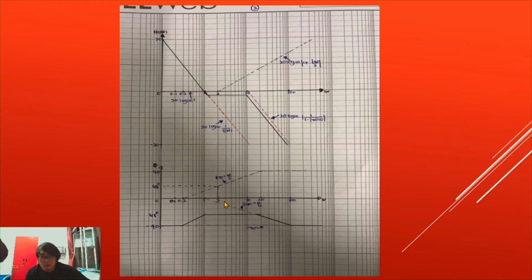Then from frequency 1 until 20, there is no change in the lines green, purple, and pink. So the answer is a constant negative 45.